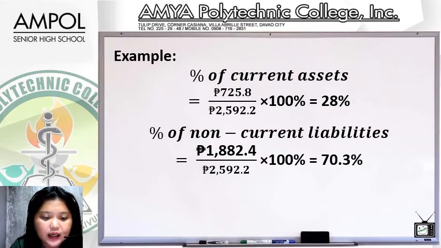So that is from our total non-current liabilities. So total non-current over the total liabilities and owner's equity times 100 to get the percentage of our non-current liabilities. That's just how you are going to solve.